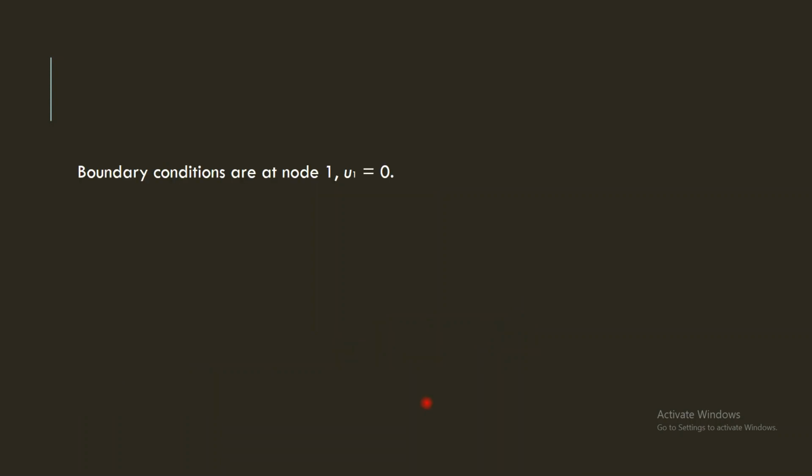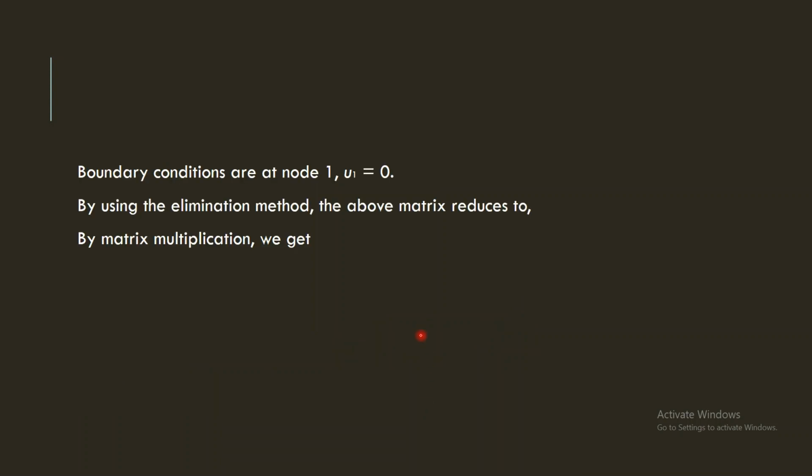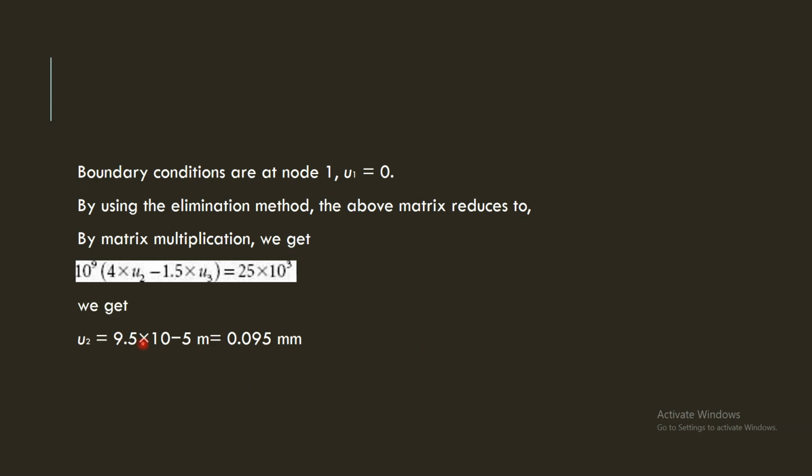Once again, if you perform the matrix multiplication, finally we are going to get u2 equal to 0.095 mm and u3 equal to 0.237 mm. So those two values you finally get.